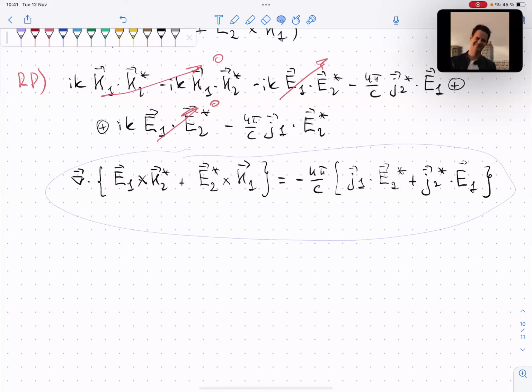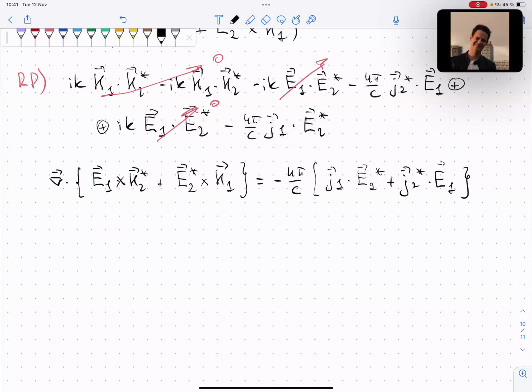Something like this. And this is basically one of the forms of the reciprocity theorem.